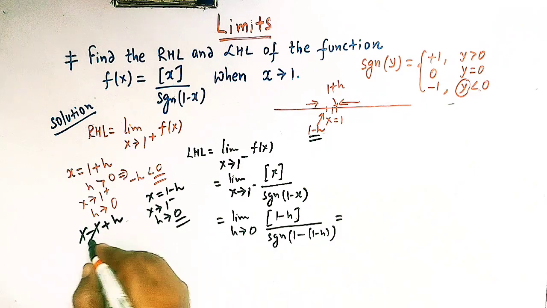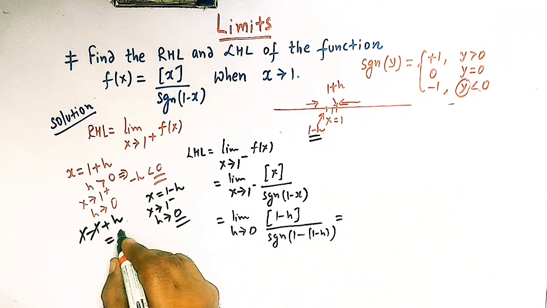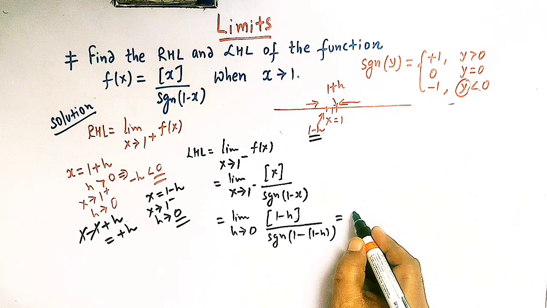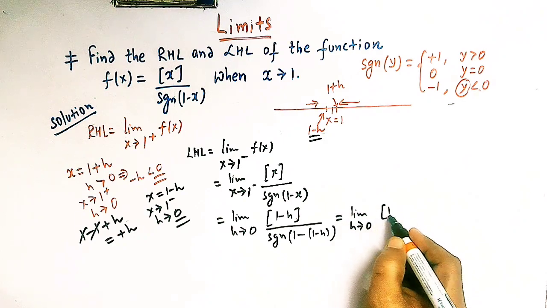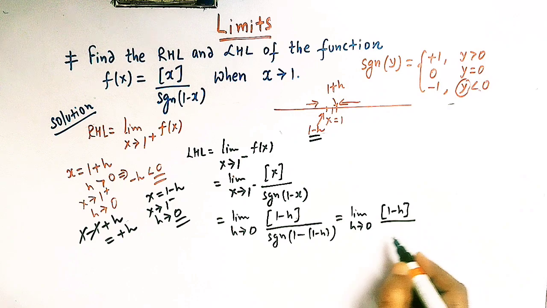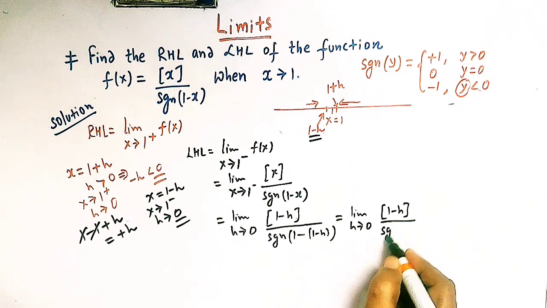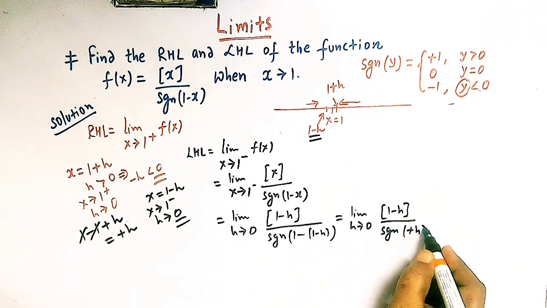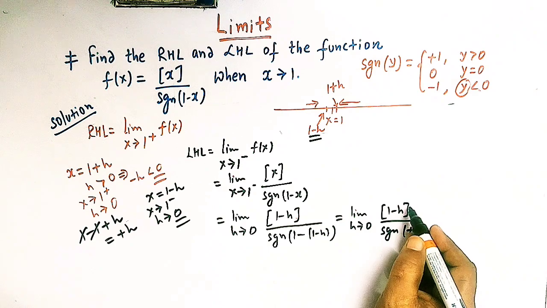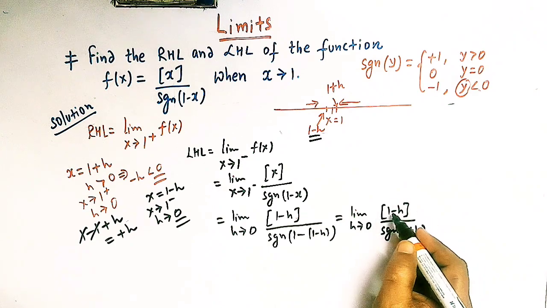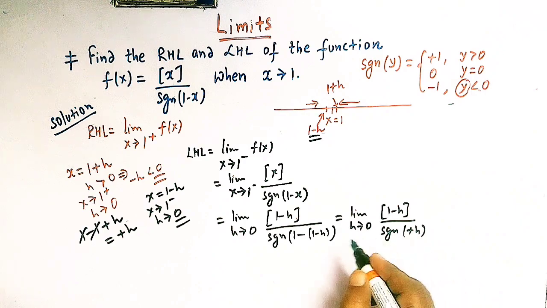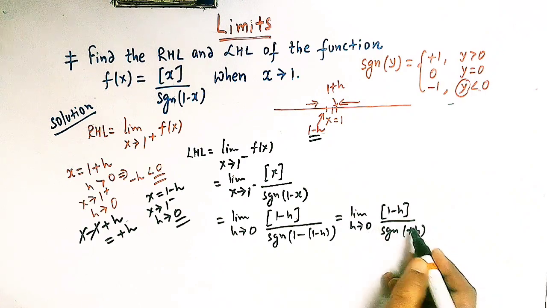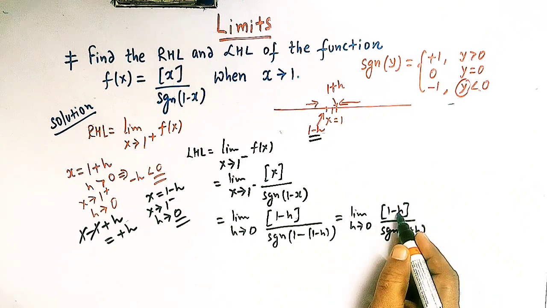And 1 and 1 get cancelled, and we are left with positive h. So we can now write limit h tends to 0, greatest integer of 1 minus h, and here we have signum of positive h. Now let us assign values to the greatest integer of 1 minus h and signum of h, because we cannot directly substitute h is equal to 0, right?